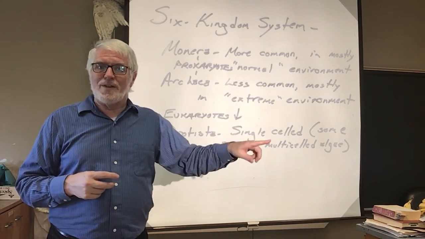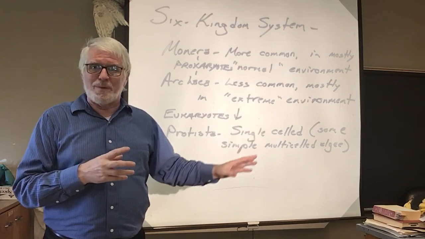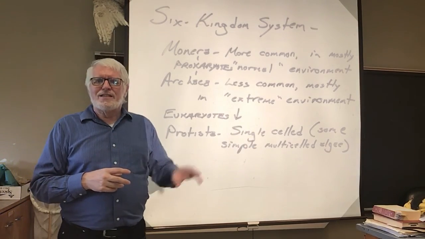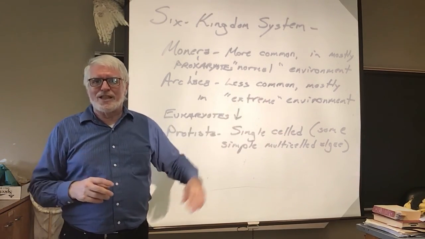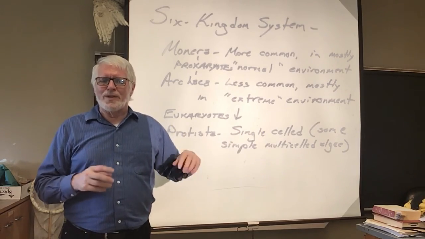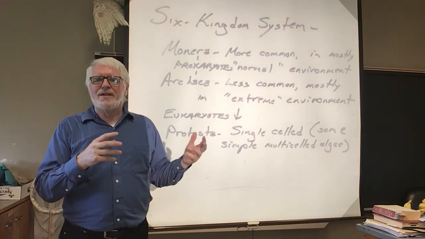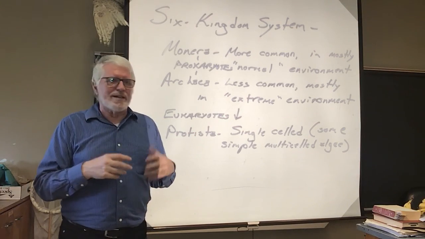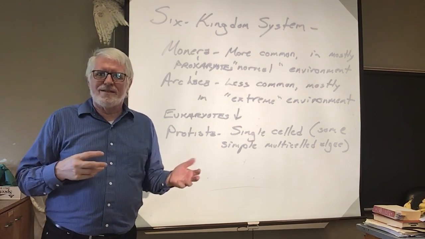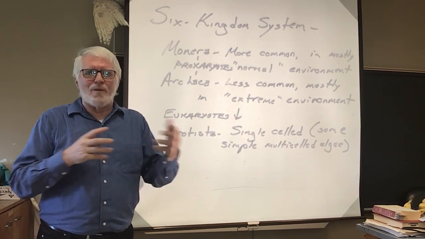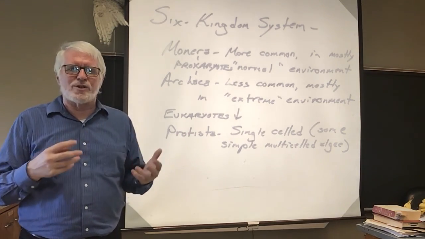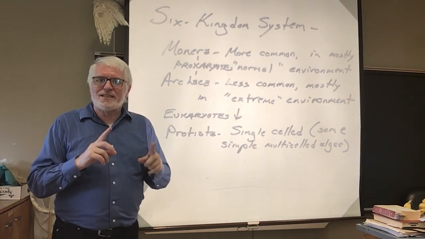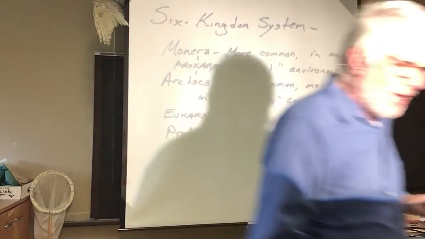They were going to bump them off into the protist kingdom. I don't know that the protist people had anything to say about it. So it used to be, these were just single-celled eukaryotes. But now we also have to fold in the very simple multi-celled algae. There's more than one cell, but they're all very, very similar cells. There's not a lot of structure to them. So that's the protist kingdom.